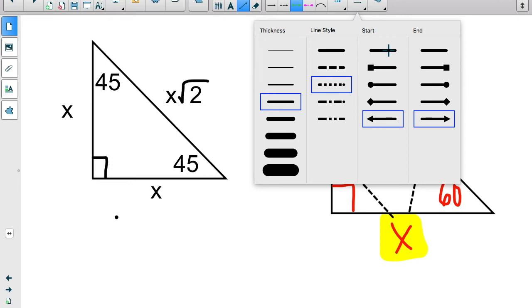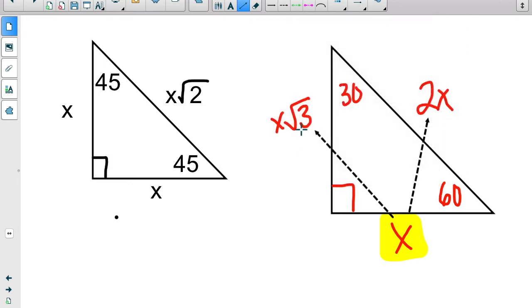Now, if they give you the side opposite 60 degrees, we want to go back to the side opposite 30 degrees. If I'm given the side opposite 60 degrees, I divide it by the square root of 3, then multiply it by 2 to get the hypotenuse.